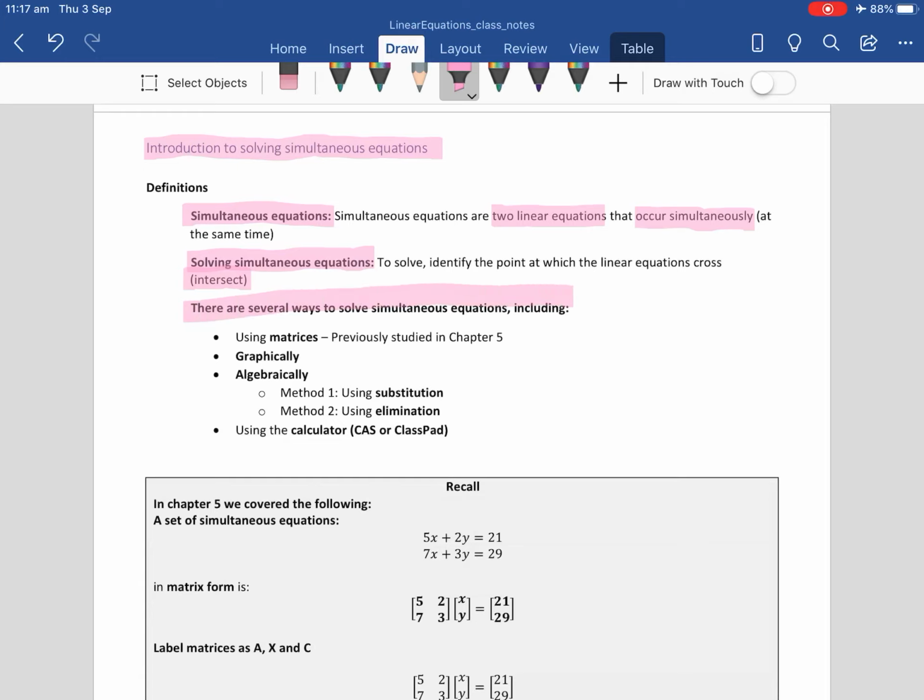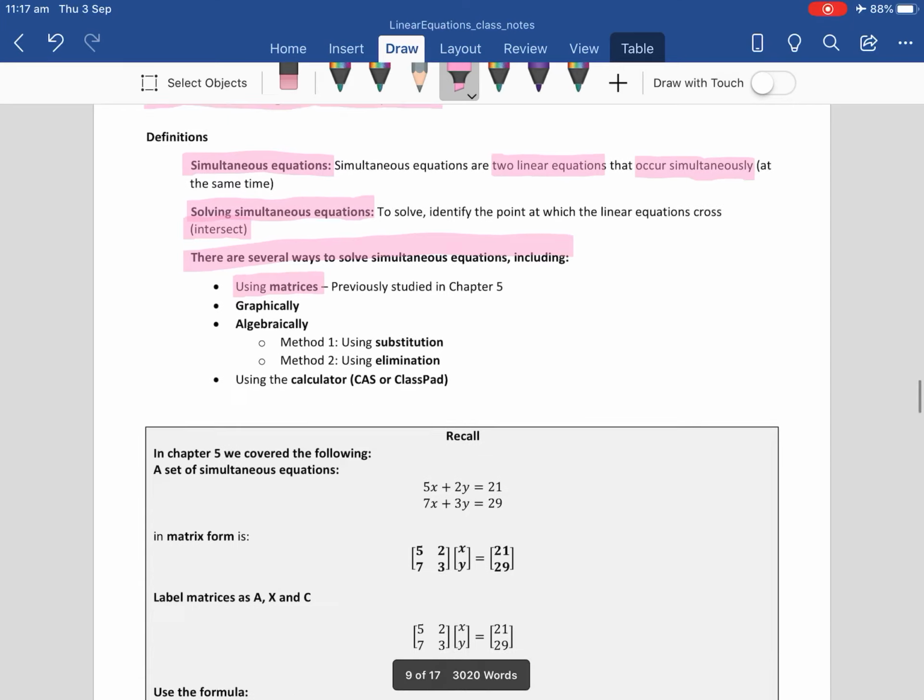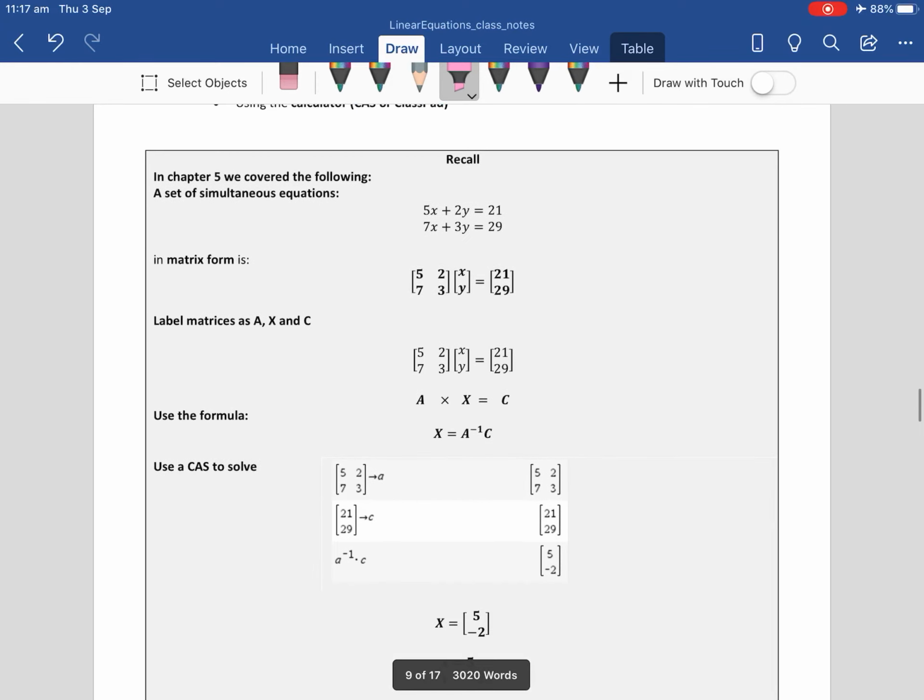So hopefully you remember when we did matrices in chapter 5, this is a bit of a recall, okay, we did this for matrices. So you had two equations, you could put them into matrix form, and then you could solve it using the formula, or you could use your CAS to solve it.